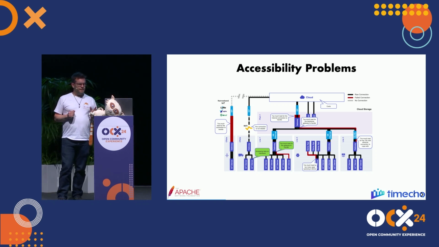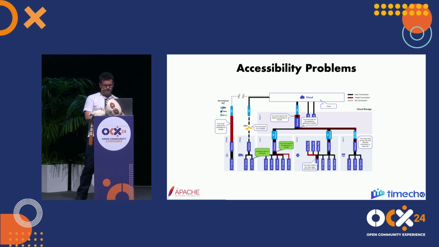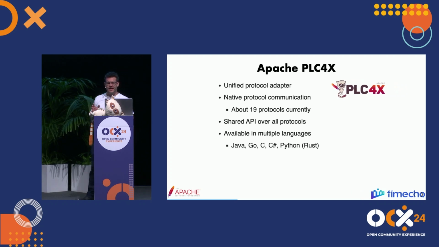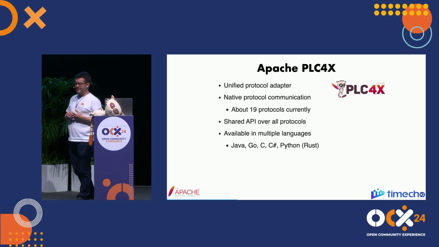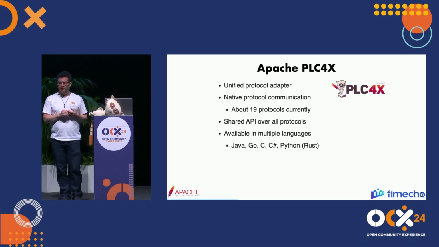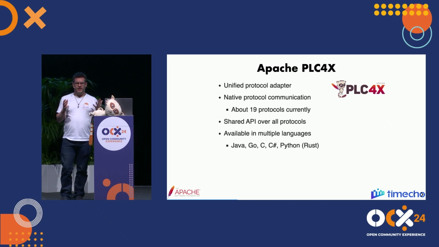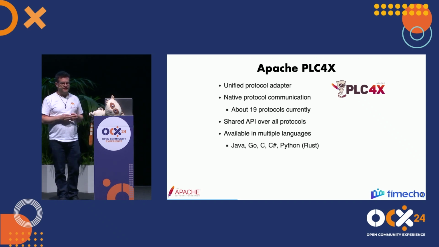But admittedly, it started creating a new type of problem. In order to tackle this, I had the luck at my previous employer to actually be able to start an open source project. And that was Apache PLC4X.